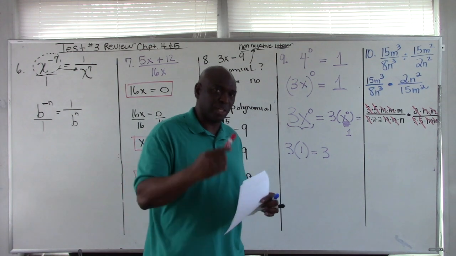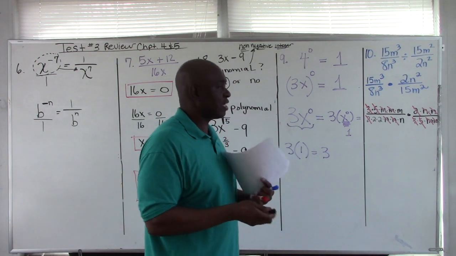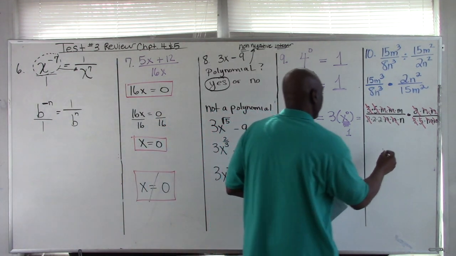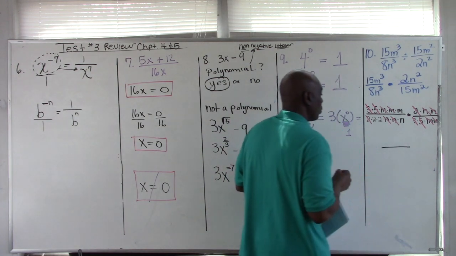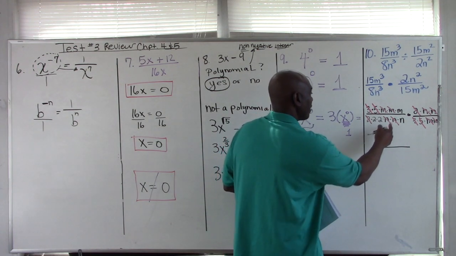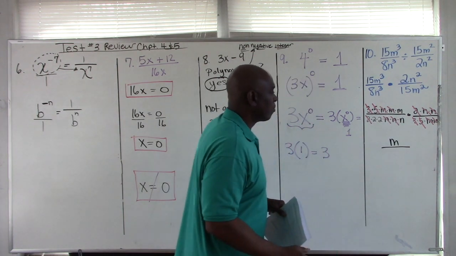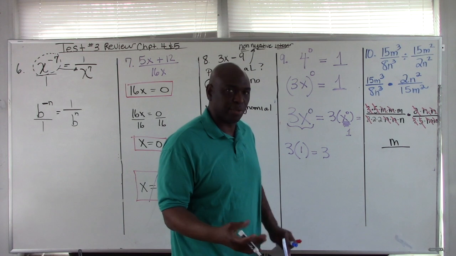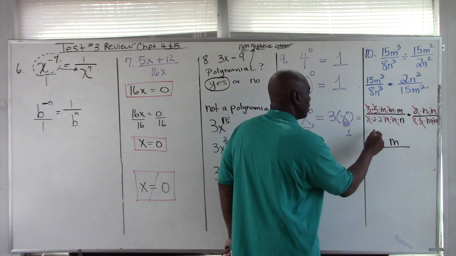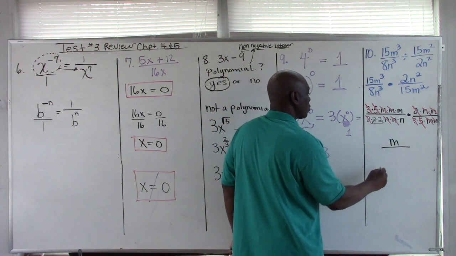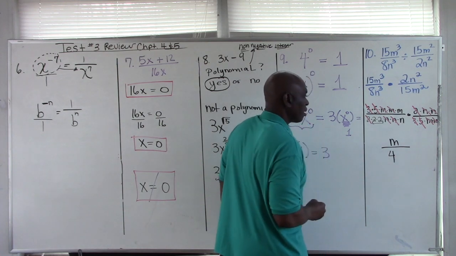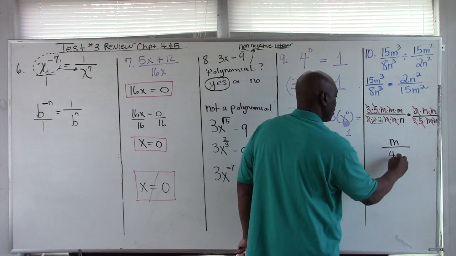Let's see what's left over in our numerator. I have an m. That's all. What's left over in your denominator? I have 2 times 2, which is 4, and I have an n.